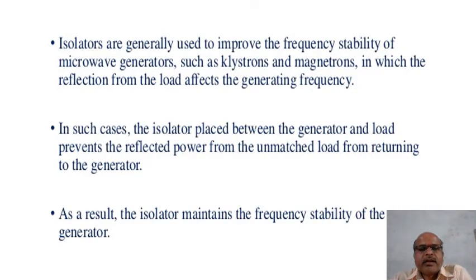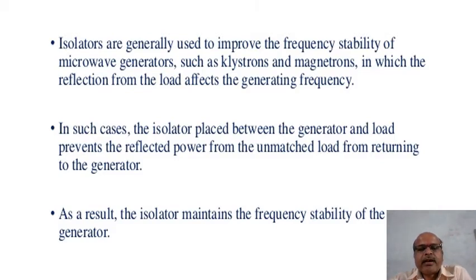Isolators are generally used to improve the frequency stability. This word is important. It provides frequency stability of microwave generators such as klystrons and magnetrons, in which the reflection from the load affects the generating frequency. If you observe in our practicals, after the klystron, the isolator is placed.